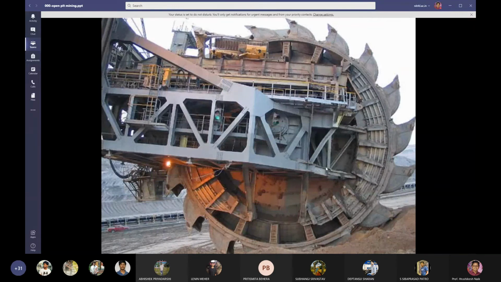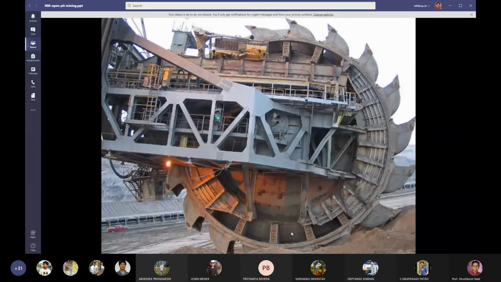So we have discussed in the earlier class, this is the bucket wheel excavator. A bucket wheel excavator is used for surface mining of lignite, soft coal, and soft minerals like lignite.